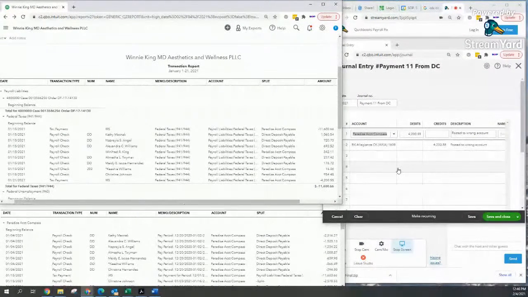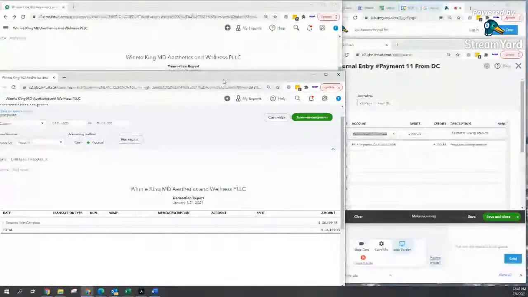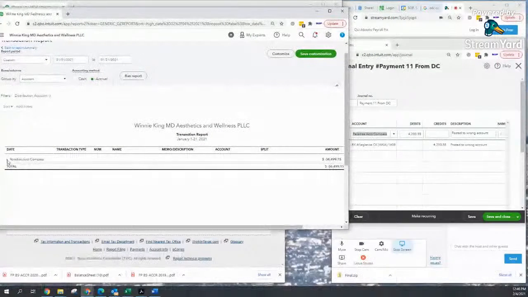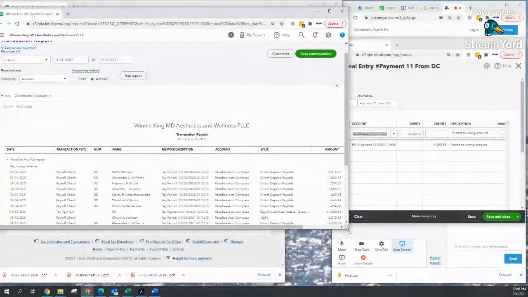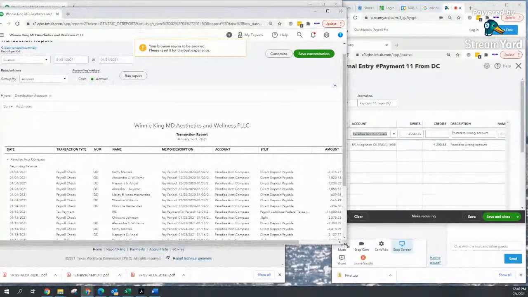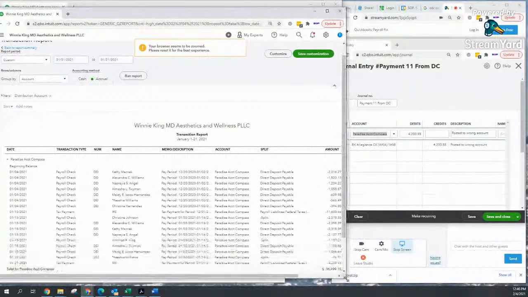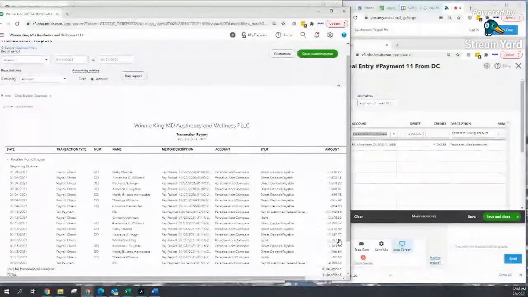So in essence, this is where it took care of the taxes and to the wrong account. This is my Paradise account. And in my Paradise account, I'm going to fix that 4,200.